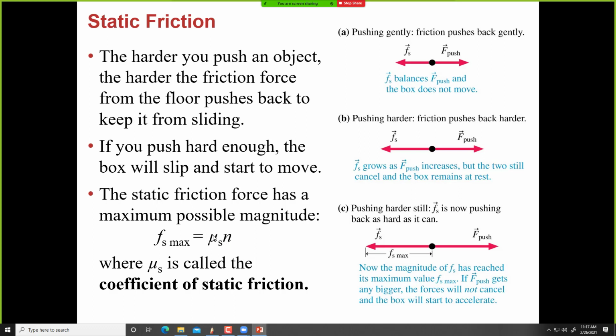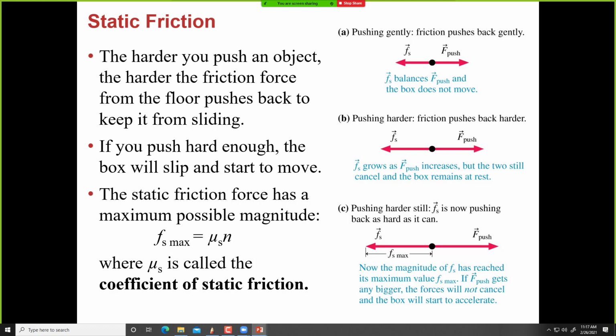Okay? So this constant is called the coefficient of static friction. So this is the maximum friction that the surface can exert on this object. If you apply any force greater than this force, then the box will slide across the floor. It won't remain at rest.